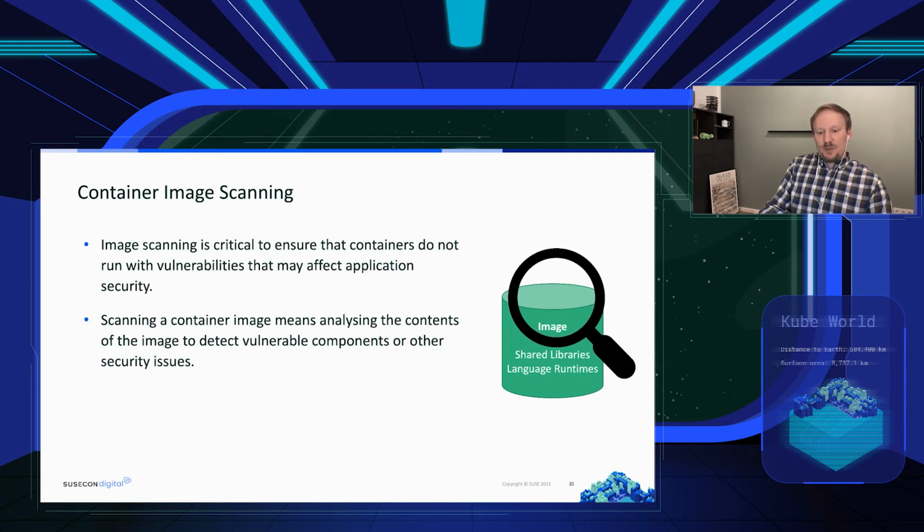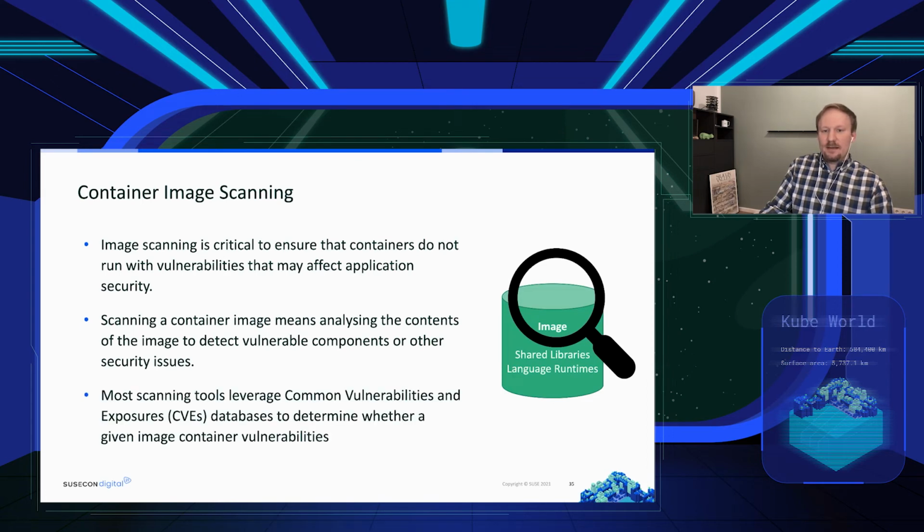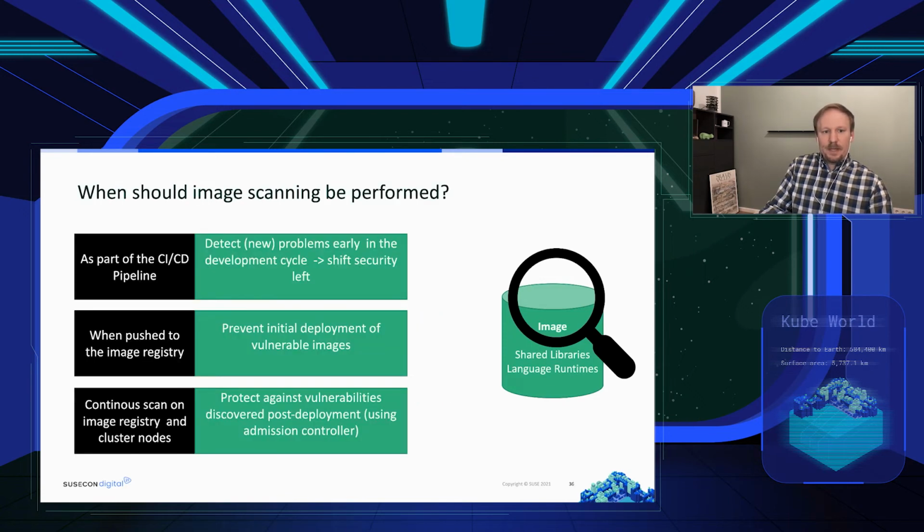Scanning a container image means analyzing all the layers of the image and the contents and detecting vulnerable components or different other security issues. The most common form of scanning involves comparing the contents of an image against a database that includes CVEs.